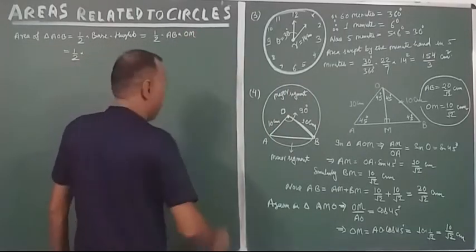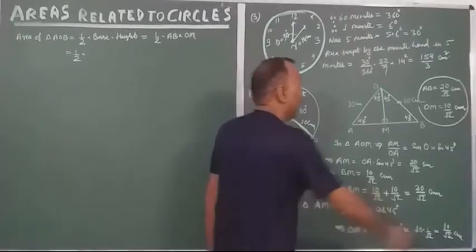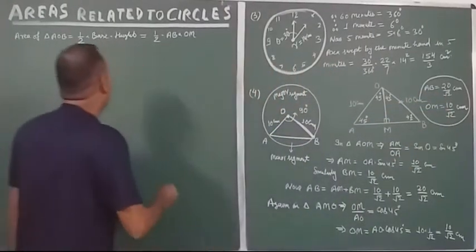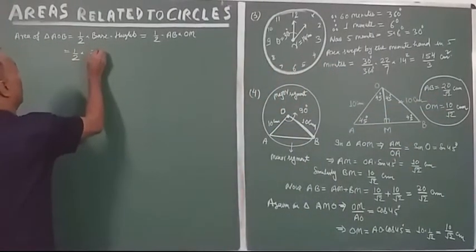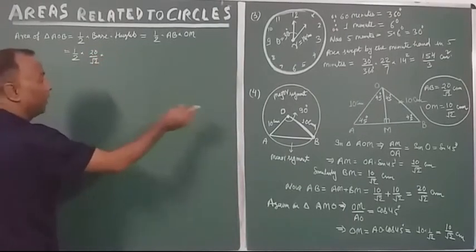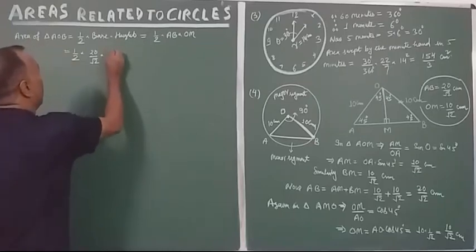The value of AB is 20 upon under root 2, and the height is 10 upon under root 2.